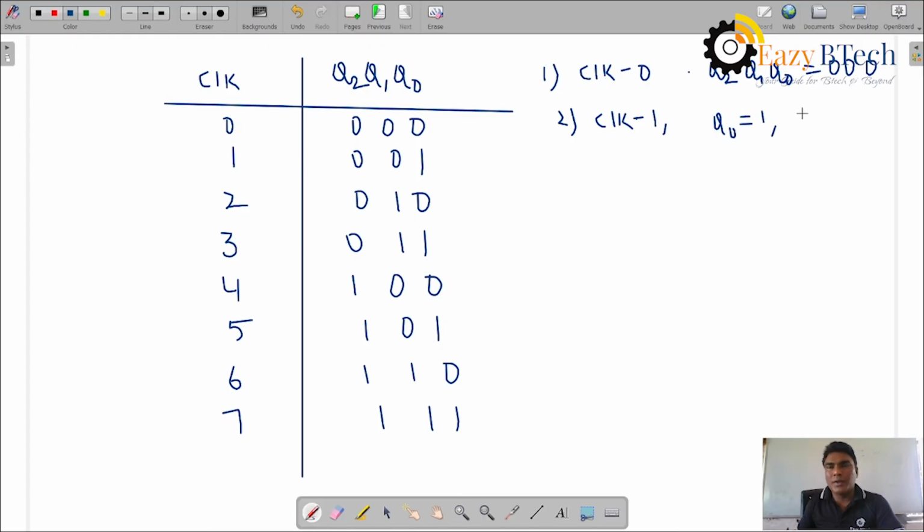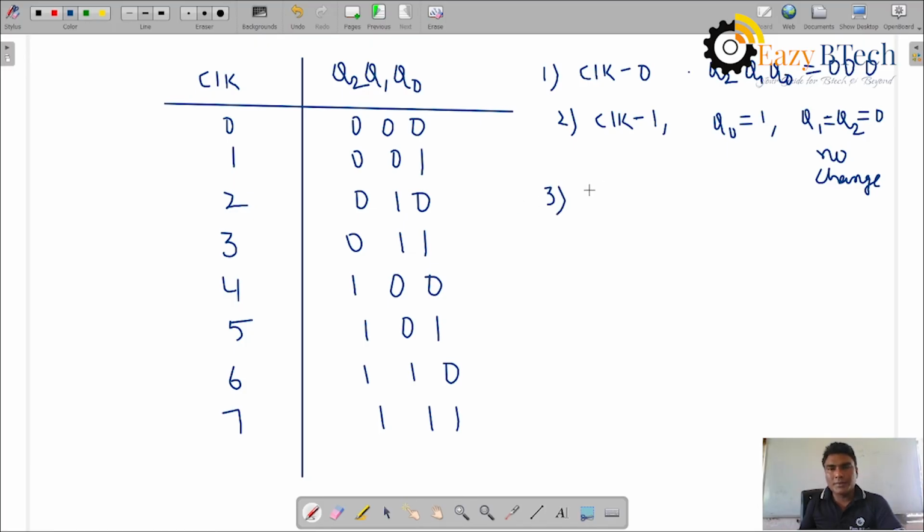Q0 is in toggle state; before it was 0, now it will be 1. Q1 and Q2 are 0, so it is a no change state.